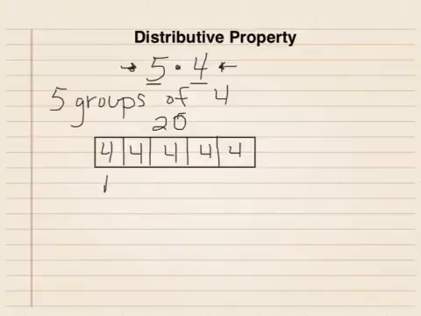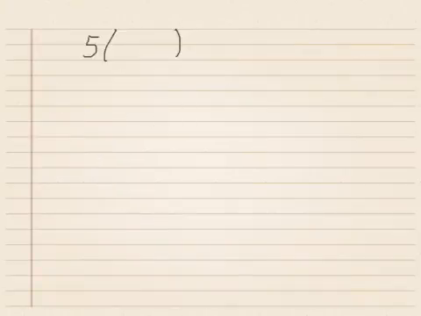So now let's take this a little bit further. Let's say that we still have our 5 groups, but now we're going to change the amount in the group a little bit. They're still each going to spend $4, but now let's say they spend $3 for a ticket, and then they buy a candy bar for $1.